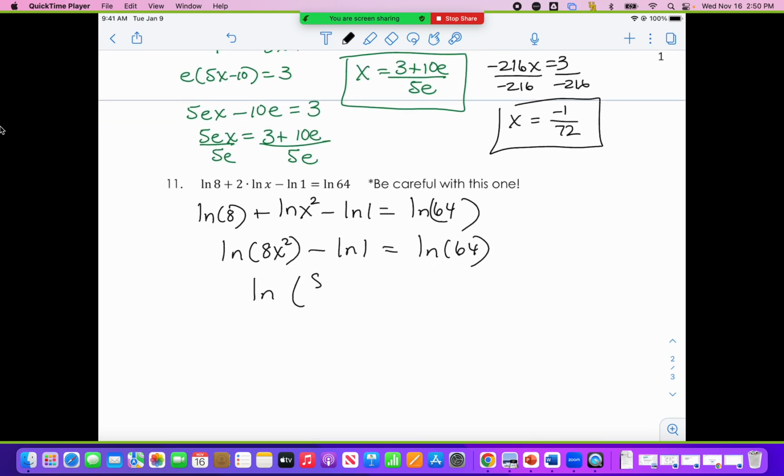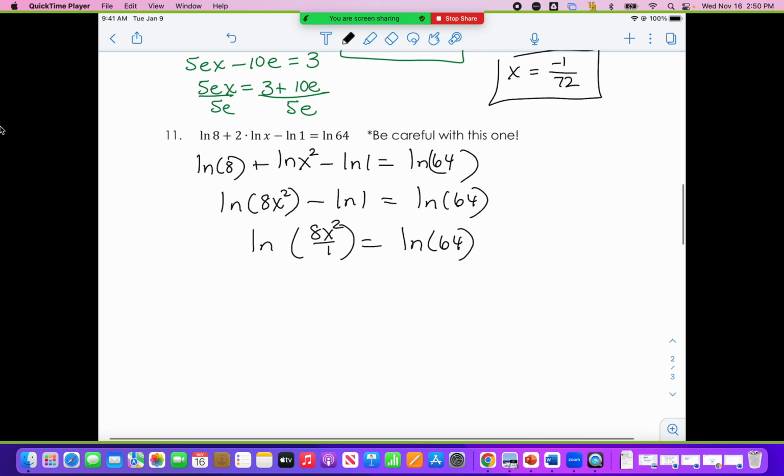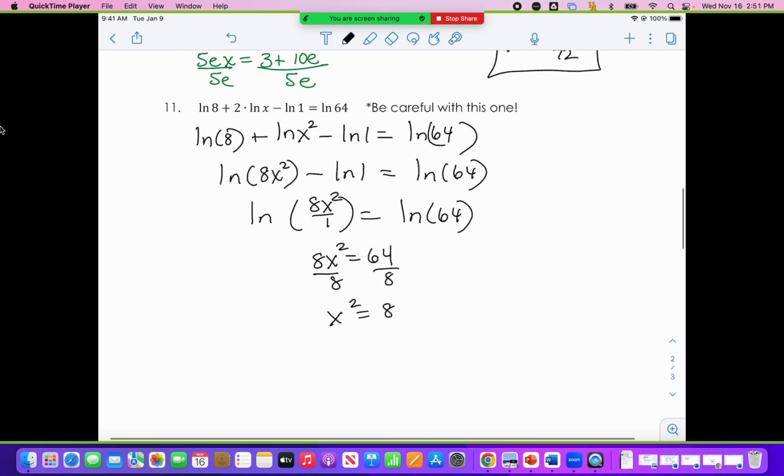And then I have the quotient property. And now I have a log equals a log, so their insides are equal. So do you see it just adds a layer, okay? And if you're going on to pre-calculus, you'll work on these in pre-calculus. And then we need all this for calculus as well.